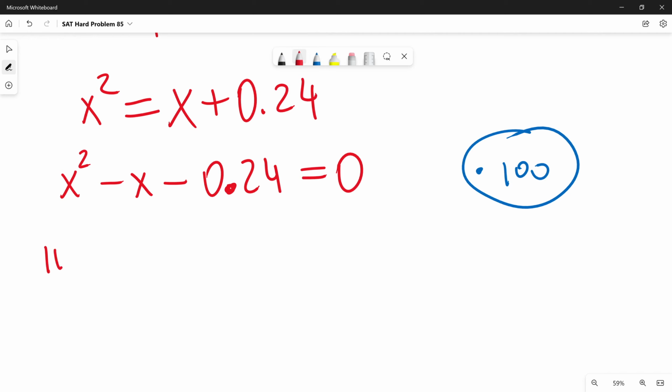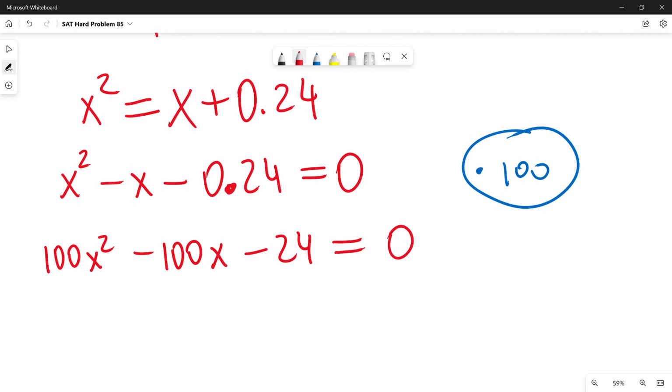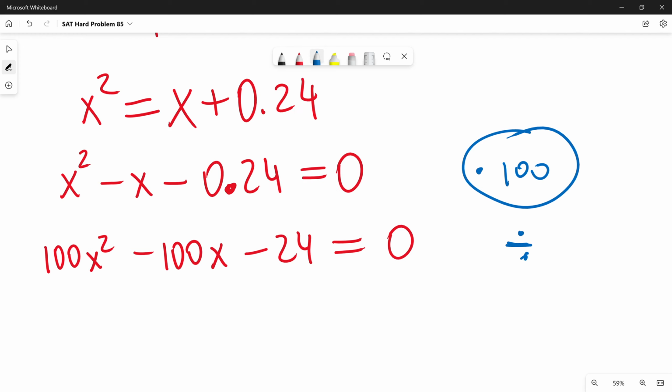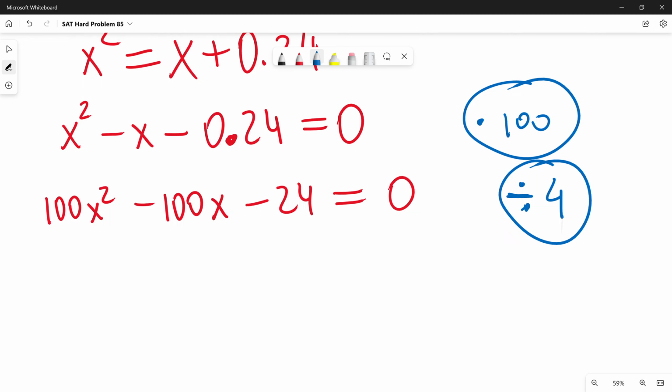Then I will have 100x squared minus 100x minus 24 equals 0 times 100, 0. Then I will simplify this a bit. I will divide both sides of the equation by 4.